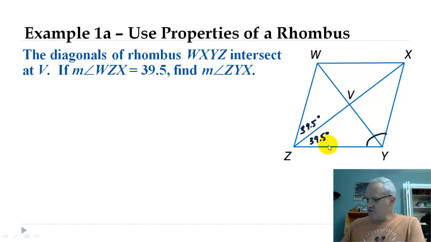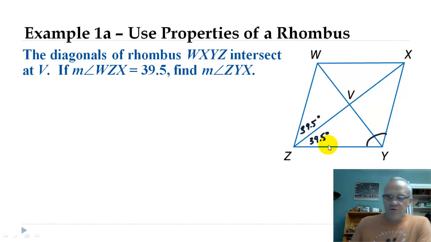So that's 39.5 and 39.5, and altogether, this whole thing here is 79 degrees when you add these two together. So this whole entire angle Z is 79.